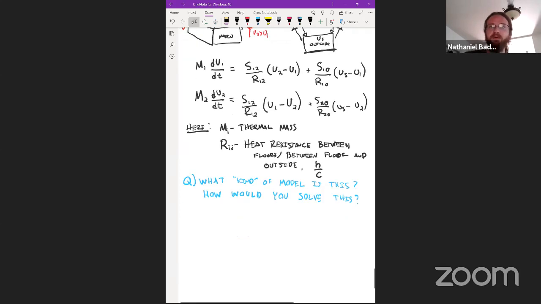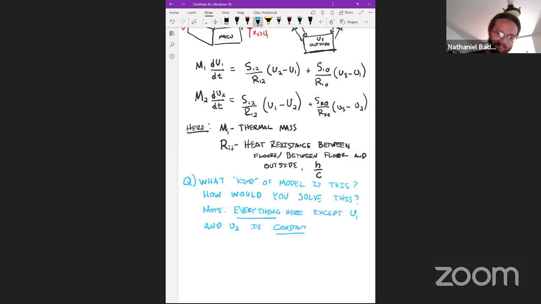Well, the big thing here to remember is that everything in this equation except for U1 and U2 is constant. Exactly.